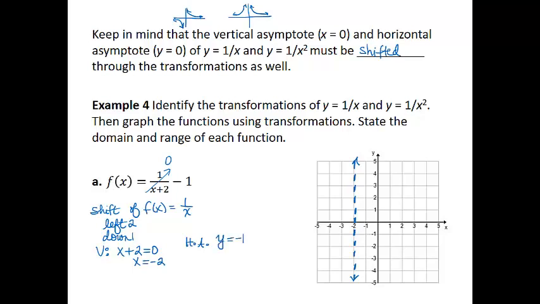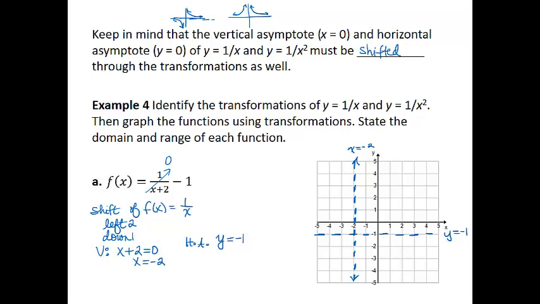Again, we can know that if we look at the basic graph, that horizontal asymptote also has to go down 1 unit. So we have y equals negative 1 as the horizontal asymptote, and x equals negative 2 as the vertical asymptote.